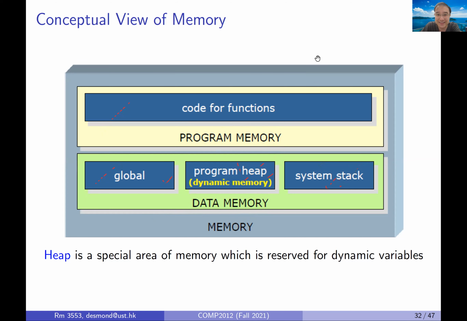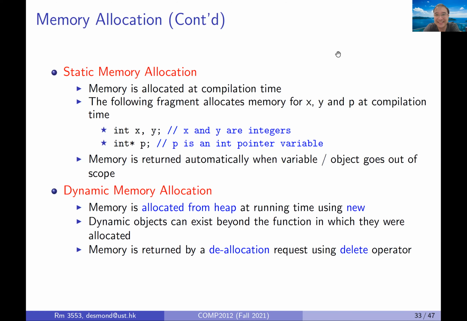Okay, next one. We create variables X and Y without using new, correct? Then we get the memory from which part? Careful, this question is really tricky.